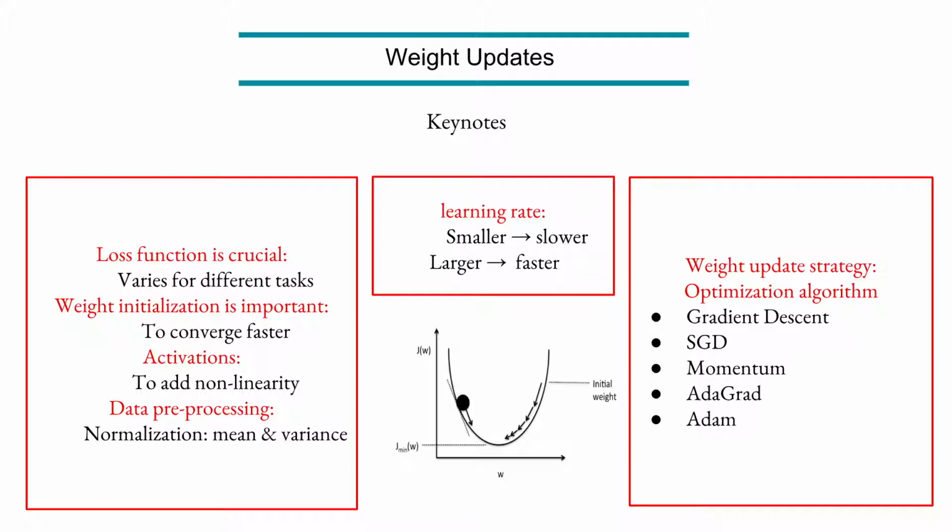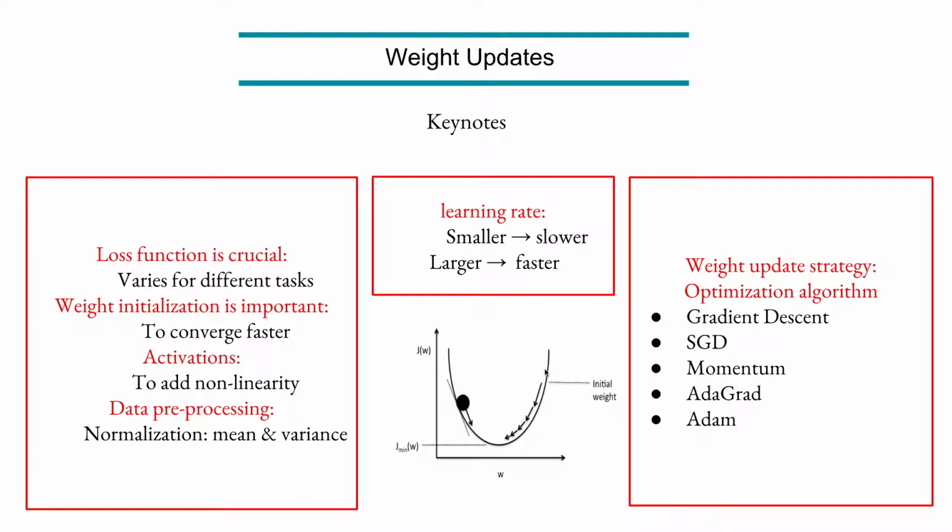Also, weight initialization is important. For example, let's see this shape. Let's assume this as a loss function. If we start the weights somewhere here, the convergence would be faster, right? If you start here, the convergence would be a bit slower.